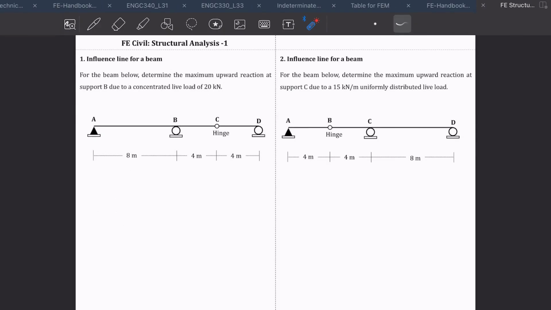Here is a possible problem that you may expect from this section in structural analysis. I'm not going to go into detail. I already uploaded a video on influence lines for a beam using the Mueller-Breslow principle, but here I'm going to share how to use the concept in your exam.